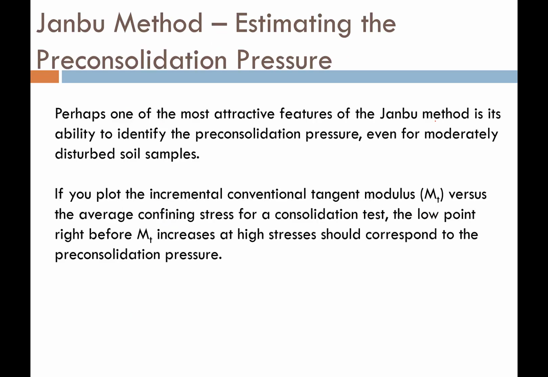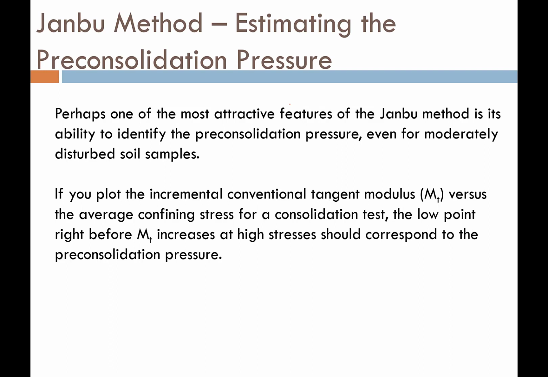Now, let's talk about the pre-consolidation pressure with the Janbu method. This is, in my opinion, one of the most attractive features of the Janbu method because it allows us to identify the pre-consolidation pressure even for moderately disturbed soil samples. So I talked about how the consolidation curves are commonly flattened due to soil disturbance when we plot the traditional consolidation curves in strain or void ratio versus log of stress space.